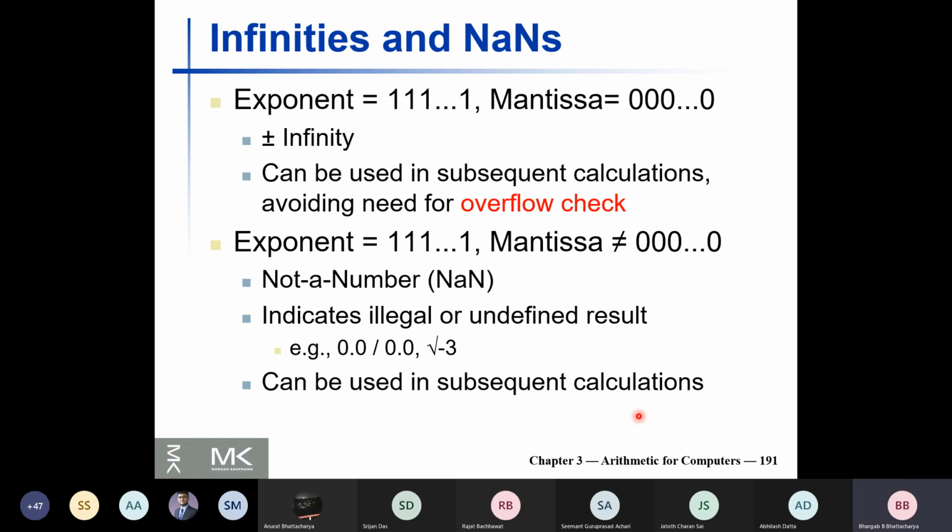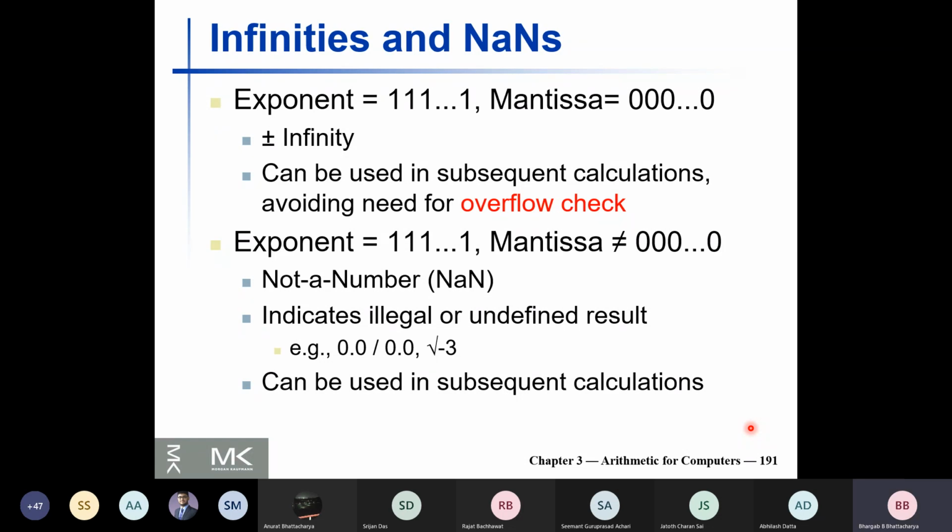The machine may not have an interrupt, it may go through. And you can use this bit string in some subsequent calculation. So you have infinities, not a numbers, special case of zeros. You have denormal numbers and normalized numbers. That's the whole story of the floating point representation.